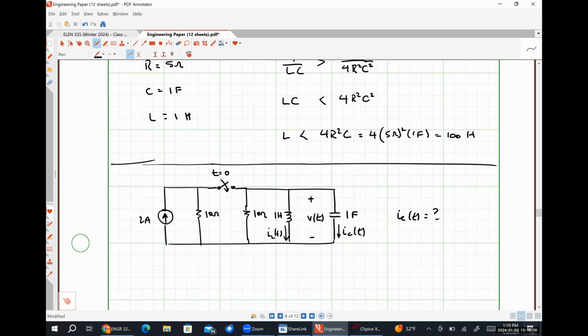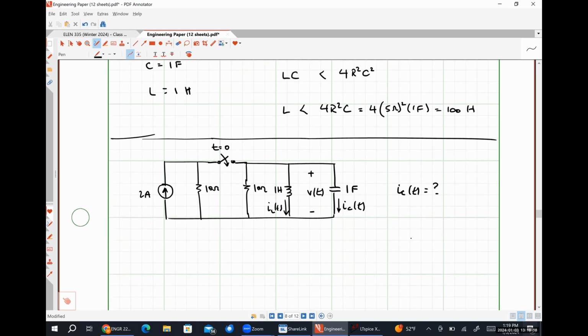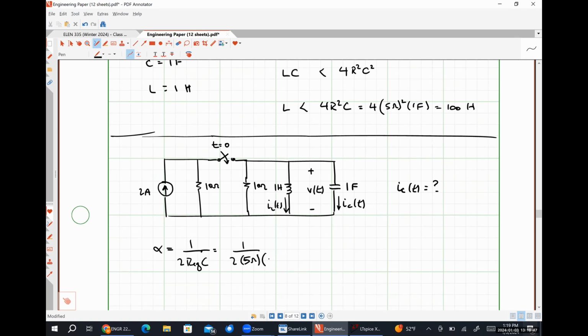All right. So just to double check things here, I hope everyone can easily see that REQ in this case is 10 in parallel with 10. Are we good? So that's going to look like 5. So alpha is 1 over twice REQ times C. So that's 1 over 2 times 5 ohms times 1 farad, which is 1/10 or 0.1 nepers per second.